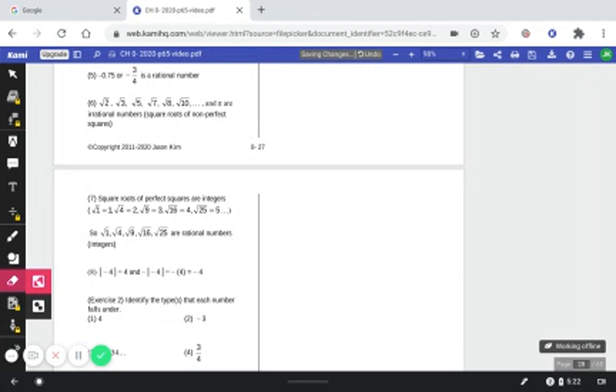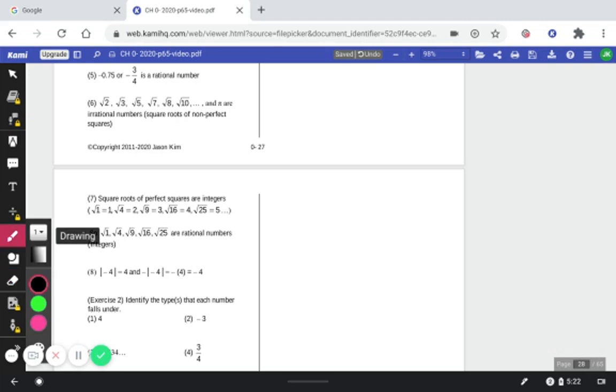Now, number 7 is about the square root of a perfect square. Perfect square means the number inside of the square root. This sign we call the square root sign, because the index 2 is not usually written. So either this or without the index, we call this a square root sign.